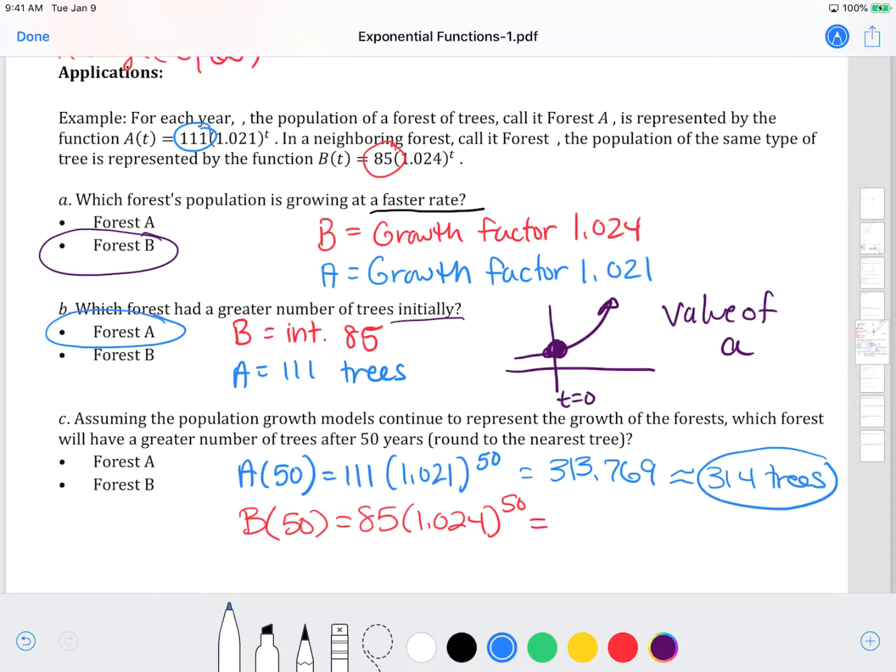For forest B, when I put that in my calculator, I get 278.2238, and since we're supposed to round to the nearest tree, that's going to give me 278 trees. So after 50 years, forest A is still going to have more trees than forest B. But eventually, forest B is going to overtake forest A and start to grow faster and then get more trees eventually and surpass forest A.